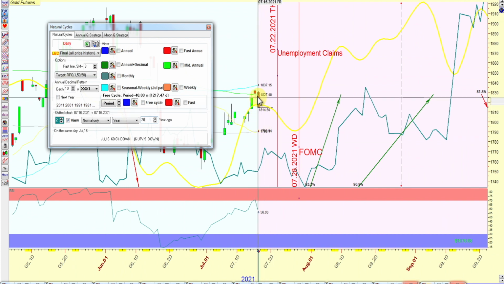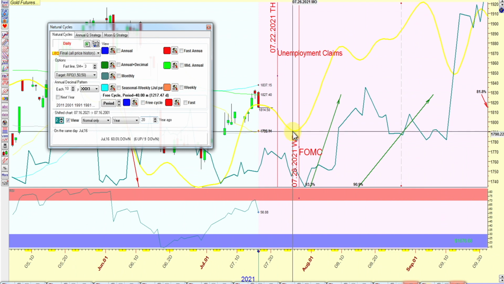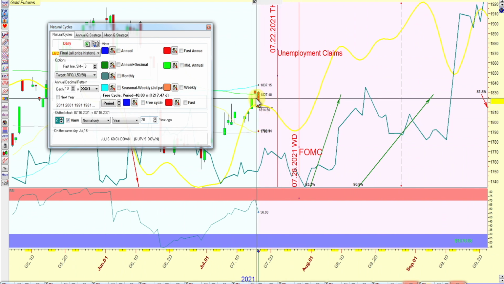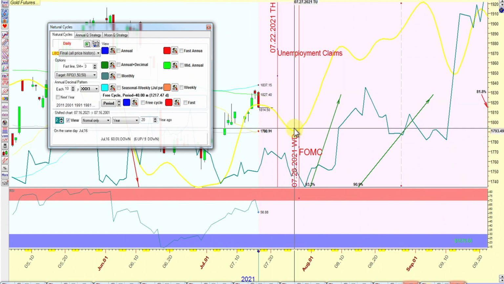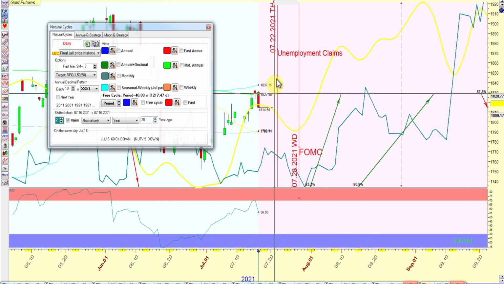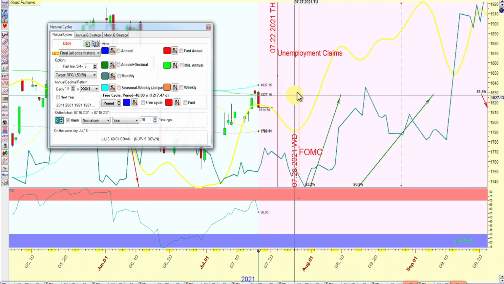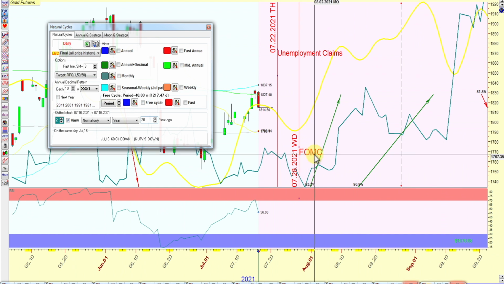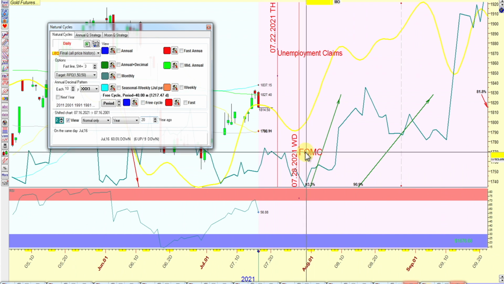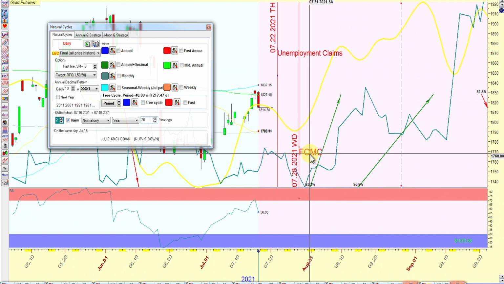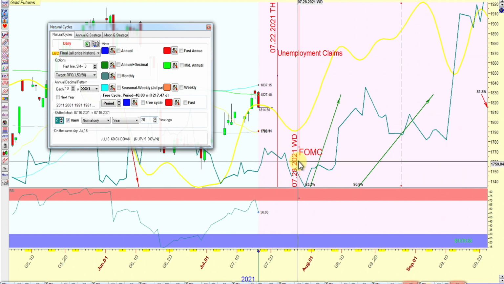What I'm looking at is if it corrects, it could be a buying opportunity. So if you're patient, you'll wait for that correction, the unemployment numbers to come out, then the FOMC, their chatter and inflation chatter and all that.